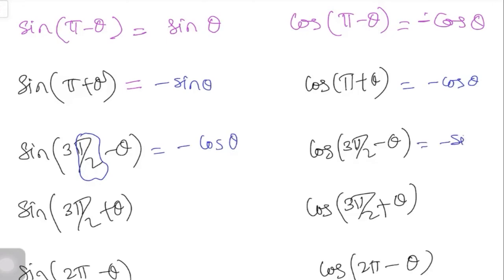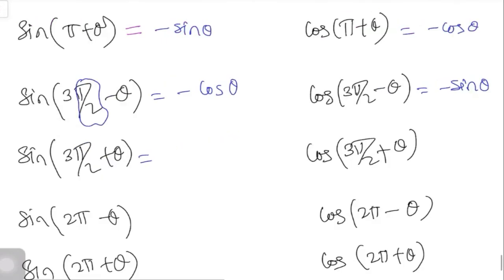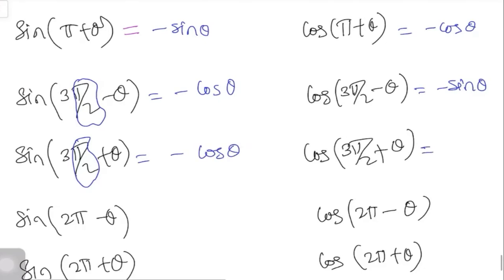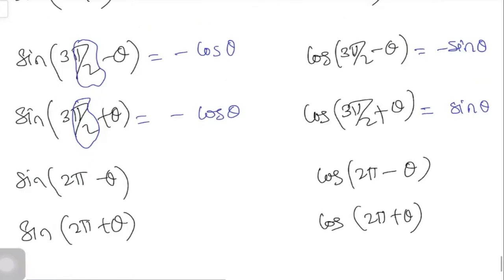Similarly here cos, pi by 2 is there, so it will play its role: minus cos theta, and this will be plus sin theta. Here it will be plus cos theta, and we'll come back to the original position: sin theta, cos theta.